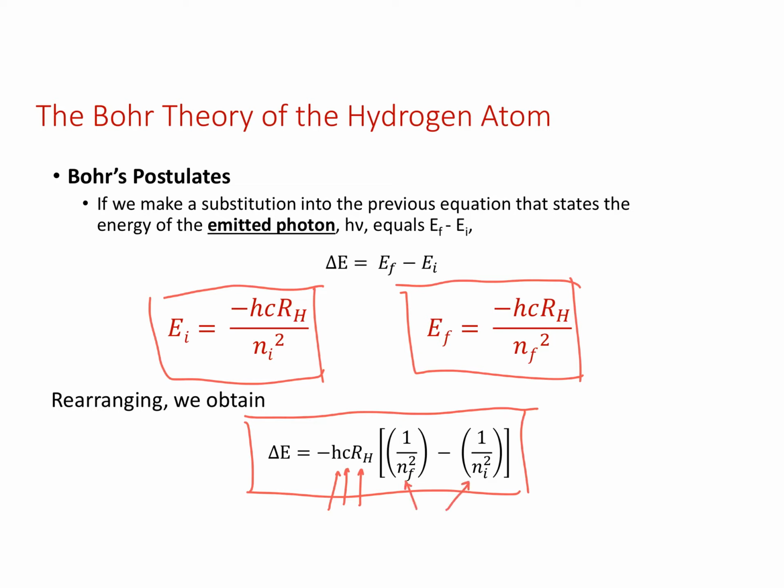NF is our final quantum level, and NI would be our initial quantum level. I need to know where I'm transitioning between and initial.